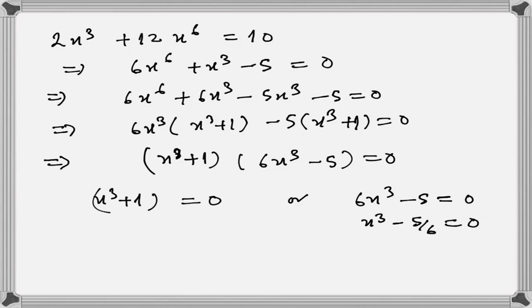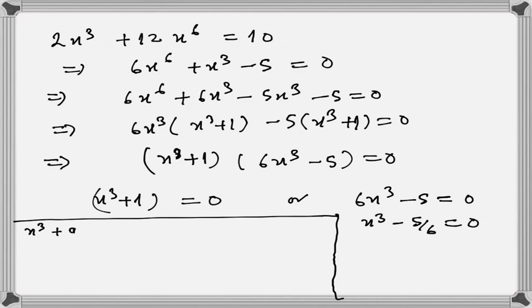Here I will take a general form. For example, I will calculate the roots of x cube plus a cube. This is nothing but (x plus a) times (x square minus ax plus a square), equal to 0. So x is equal to minus a, this is the first root.